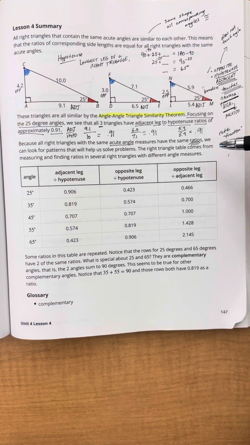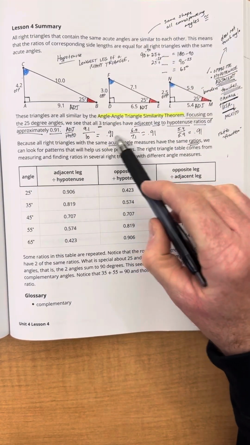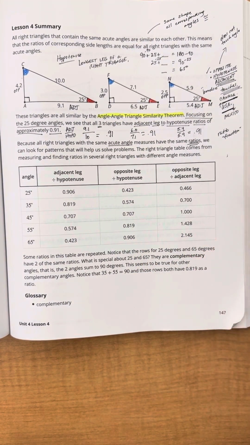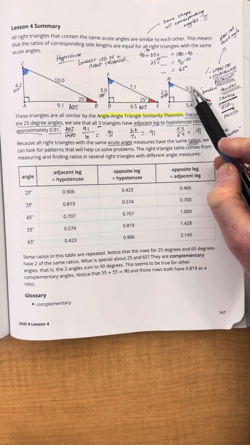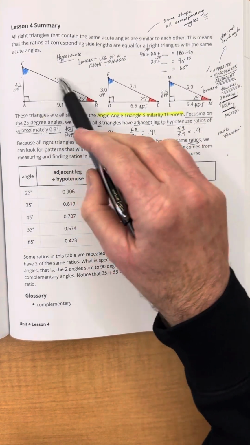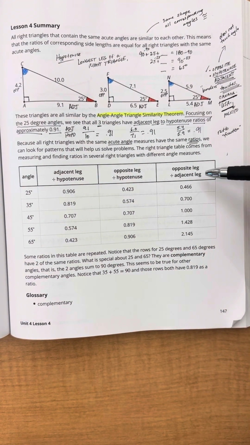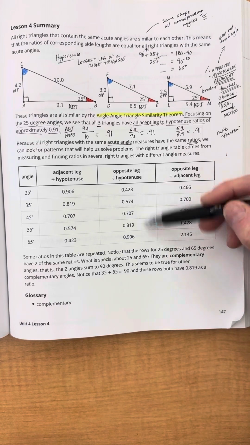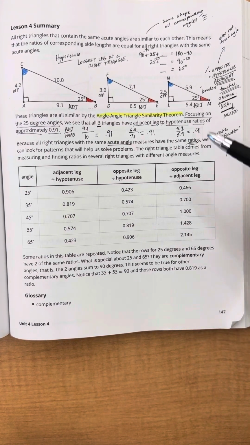So this happened every single time. Look at this triangle, it got bigger, but all the ratios are the same, comparing the sides. Now you can compare any two sides. You can compare opposite over hypotenuse for all three, and you'll find the same decimal. So we get these decimals. Whoever discovered this probably had their mind blown.